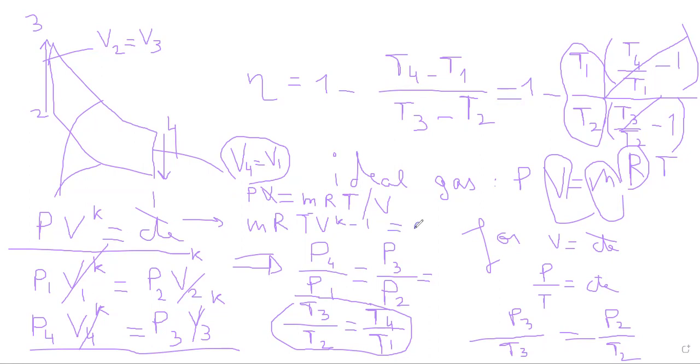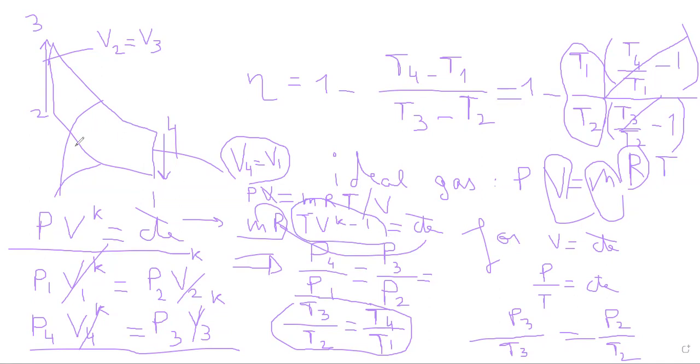And since m and R are constant, I can also take them to the other side. And I deduce that for an adiabatic process, I can also say that T V to the power k minus 1 is constant.